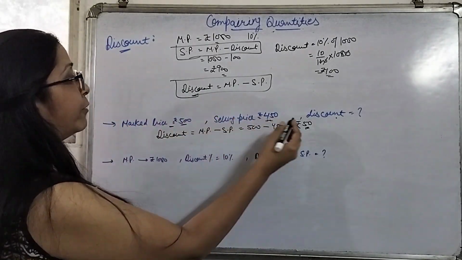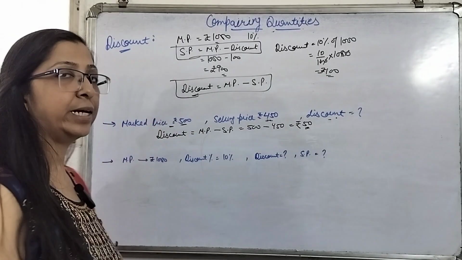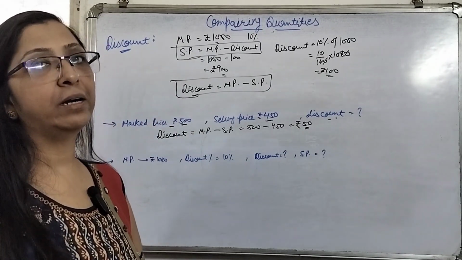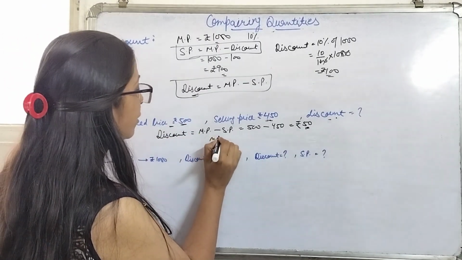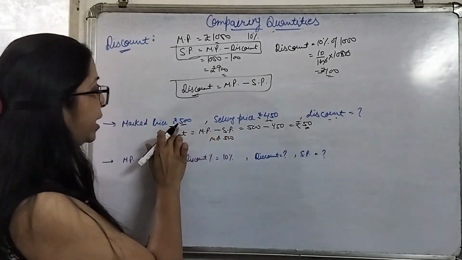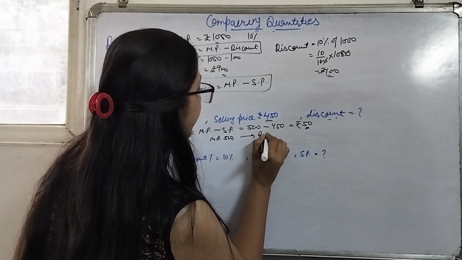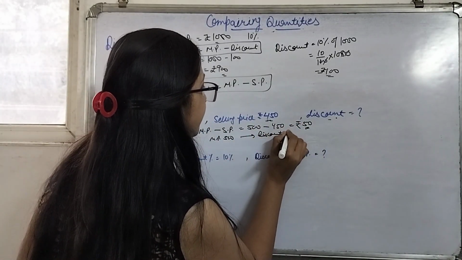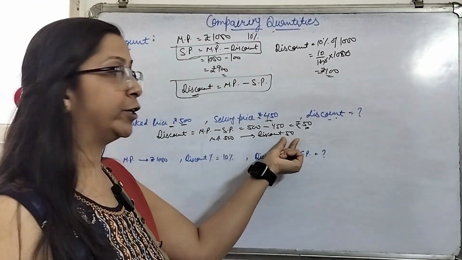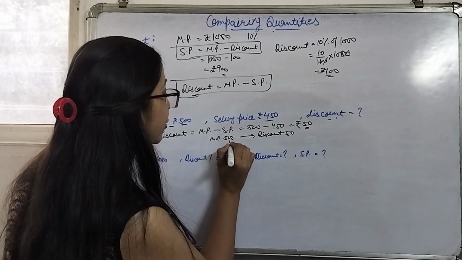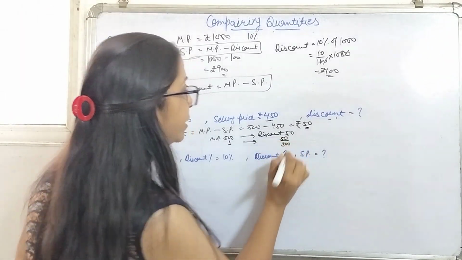So if we have to find the discount percentage, how can we find it? We just now said that percentage means per 100 only. That simply means if marked price is 500 rupees, discount was 50 rupees. If marked price is 1 rupee, discount will be 50 upon 500.